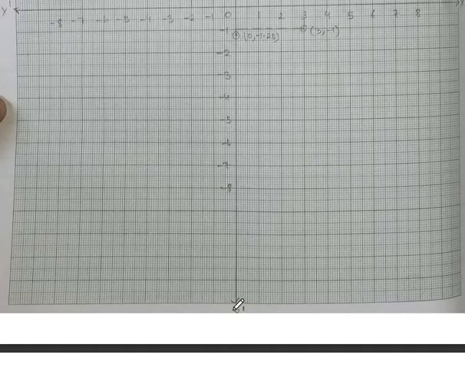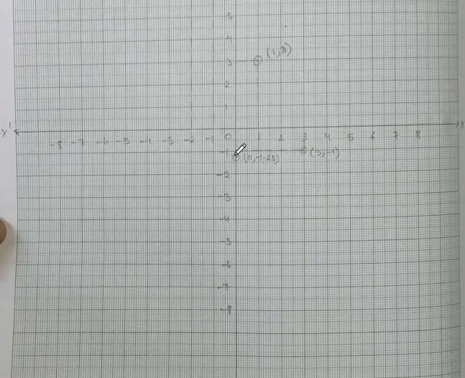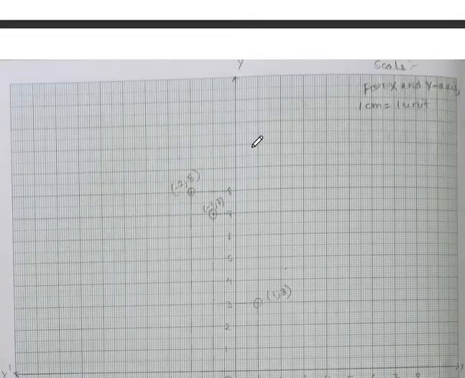You can understand why, I think. And this is your origin. Now, on the top we are going to put the scale. For x and y axis, 1 centimeter is 1 unit, because we are counting 1, 2, 3, 4 only.